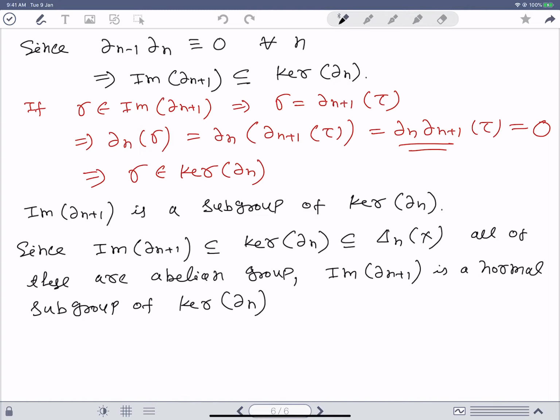Okay, now since image of del n plus 1 is a normal subgroup of kernel of del n, we can define the quotient. So that implies the quotient of kernel del n with image of del n plus 1 is well defined, right?